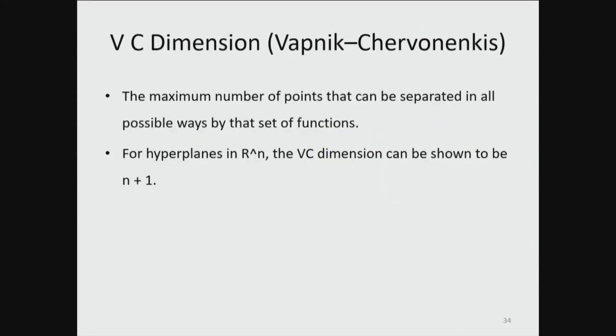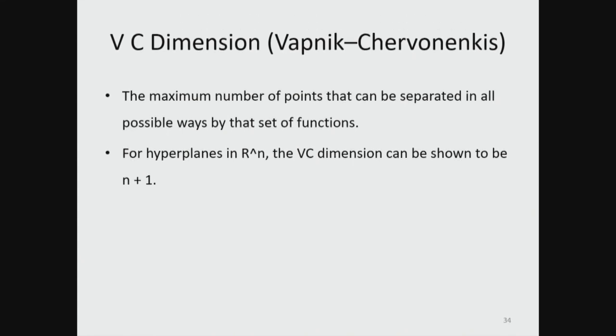The VC dimension is the maximum number of points that can be separated in all possible ways by a set of functions. Remember, the line can be anything formed by y equals mx plus c, for any value of m and c.